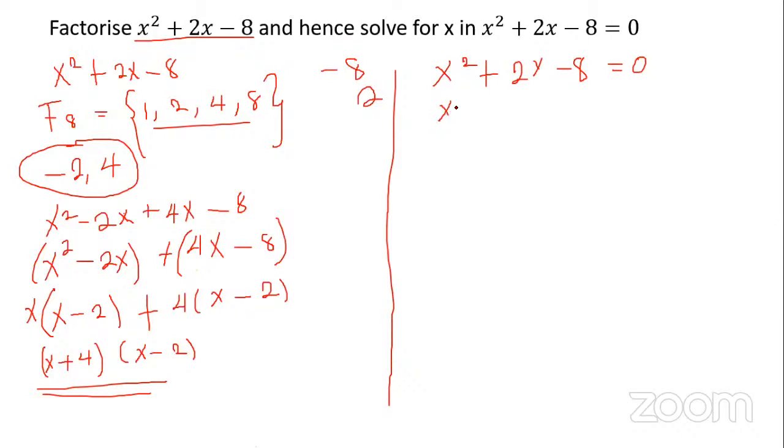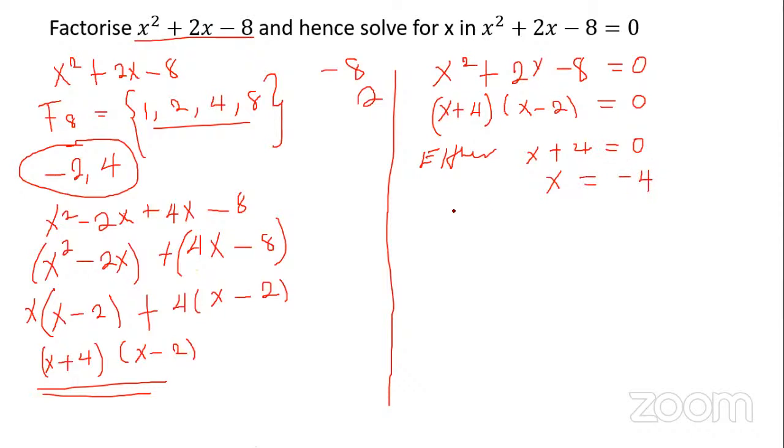So I've said this is x plus 4 into x minus 2 is equal to 0. So what steps do we add to get the values of x? The first value of x will be x plus 4 equals 0. Then we make 4 cross the equal sign, giving us x equaling negative 4.